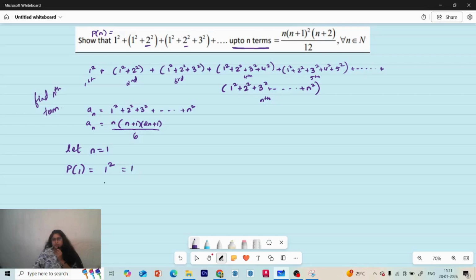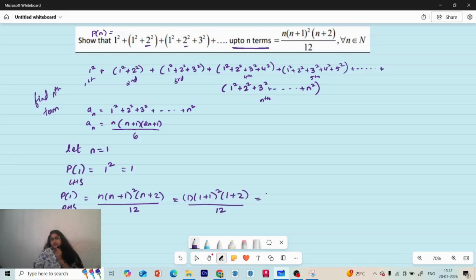LHS is 1. Okay, P of 1 RHS. N into N plus 1 whole square into N plus 2 by 12. Now replace N with 1. So 1 into 1 plus 1 whole square into 1 plus 2 by 12.